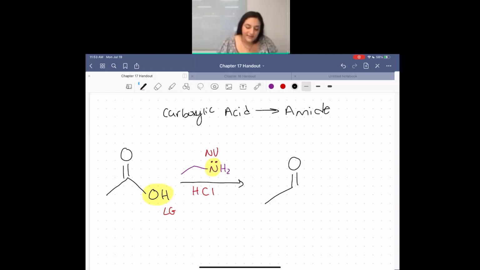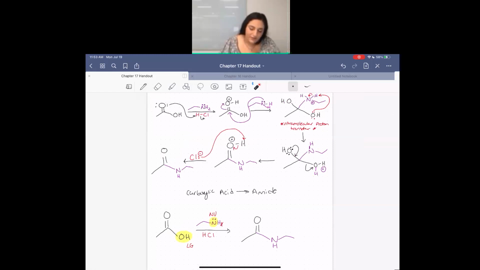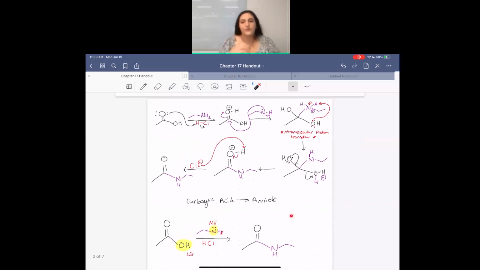And we replace the OH with the nucleophile and whatever group is attached to it. And we're going to get rid of one hydrogen because we know nitrogen can only have 3 bonds. 1, 2, 3. So here we have the full version. Here we have the Rosemary version.